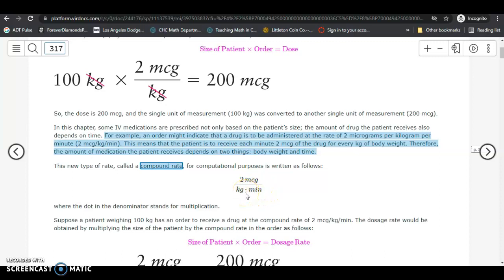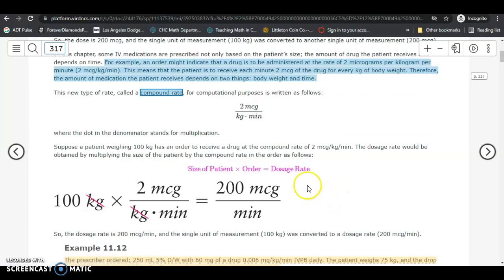You can insert a multiplication symbol. So what they did here is they put the kilograms in the denominator and then the minutes also in the denominator, and they separated them with a dot, which is not to be confused with a decimal point. Here the dot means multiplication. So you can think of the dot there as kilograms times minutes.